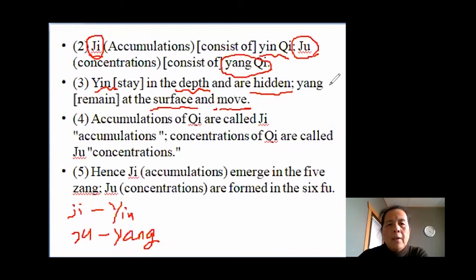And then we're talking about Ji. Yin basically is a form.